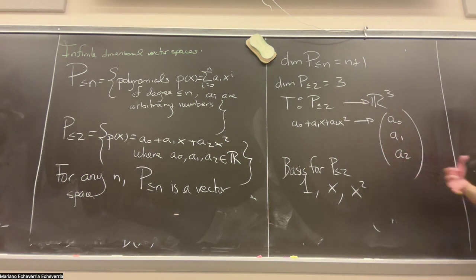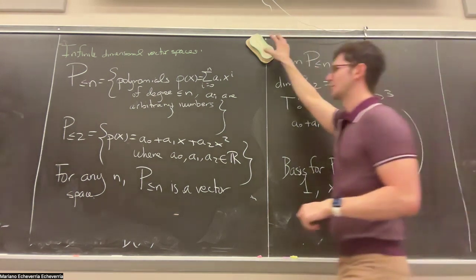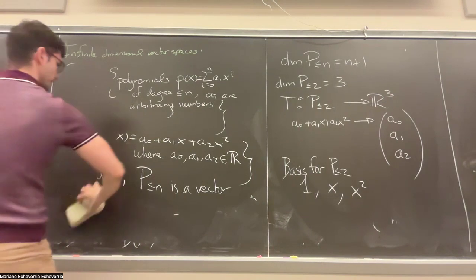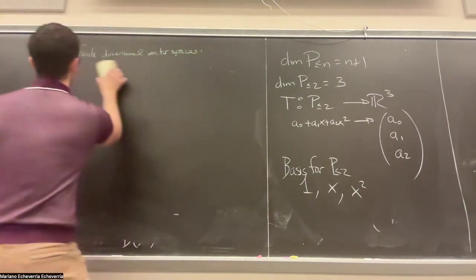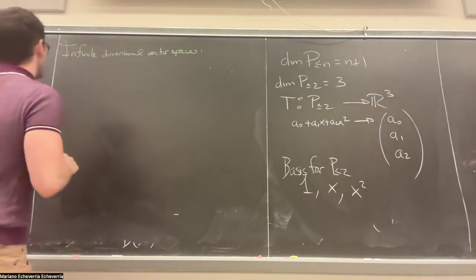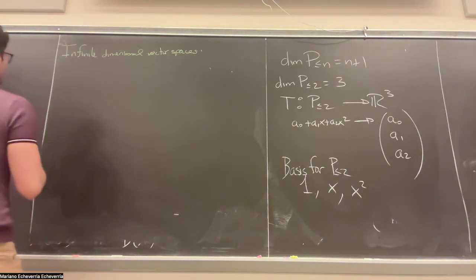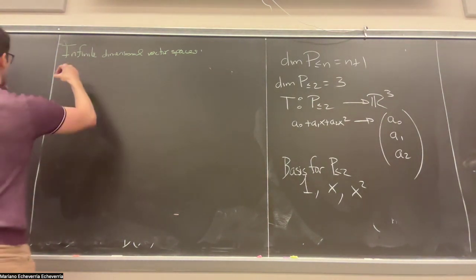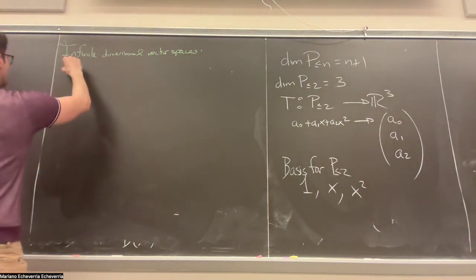But one of the nice things about thinking about it this way is that then you can define linear transformations, which make more sense on this side than on this side. So for example, and this will be a good example because it's really useful for what we'll do next, you can think of the derivative as a linear transformation here, right?